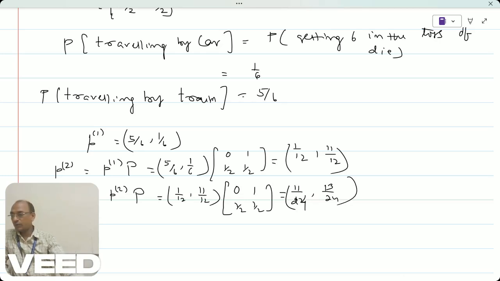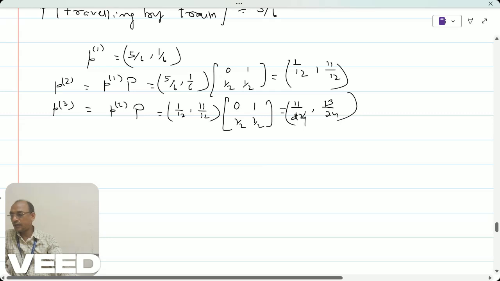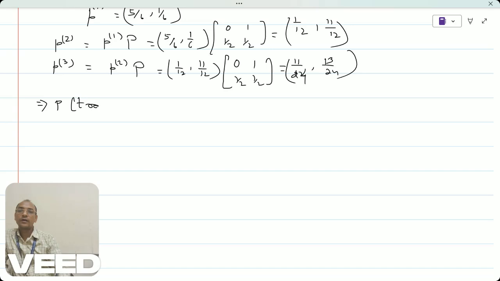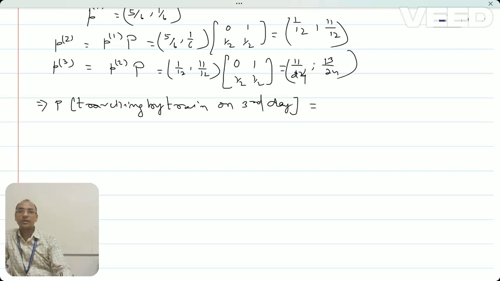Okay, so the probability of traveling by train on the third day is the first component after the third step, so that will be 11 by 24.